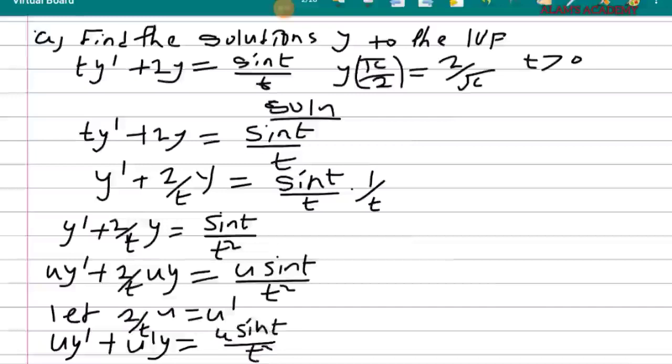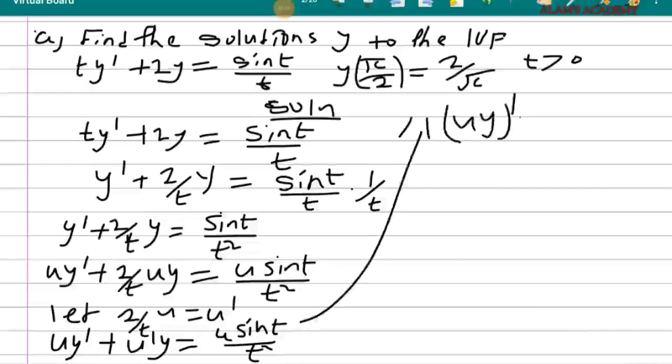So I can factorize this as u y all prime is equal to u sine of t all over t squared.